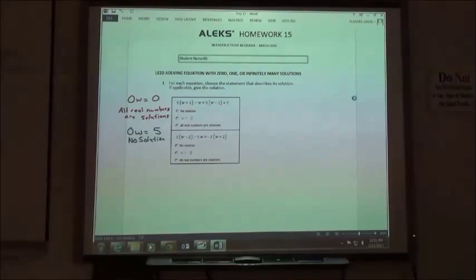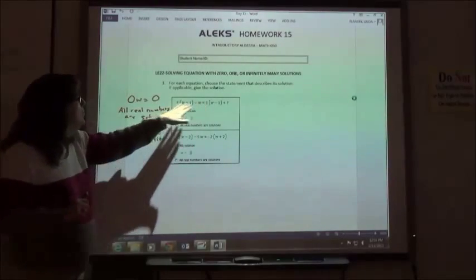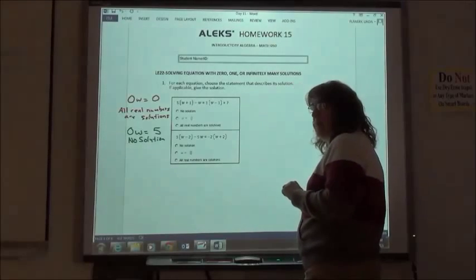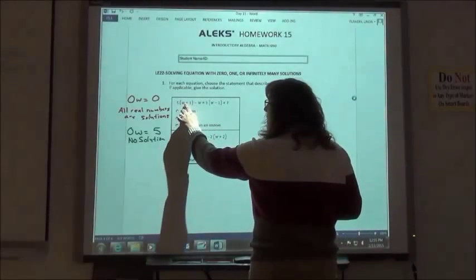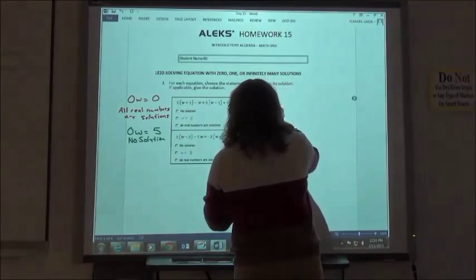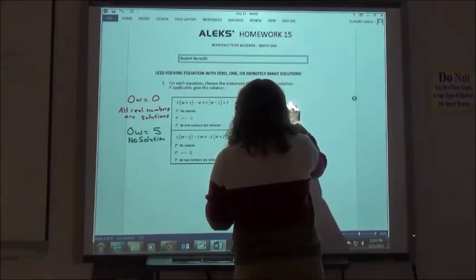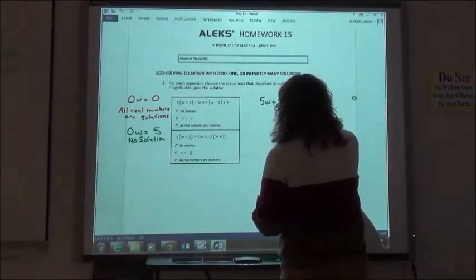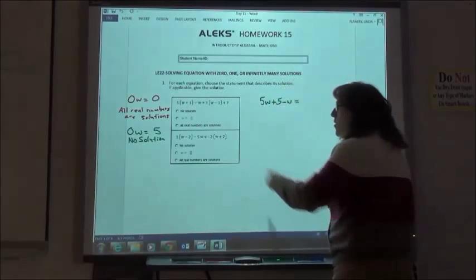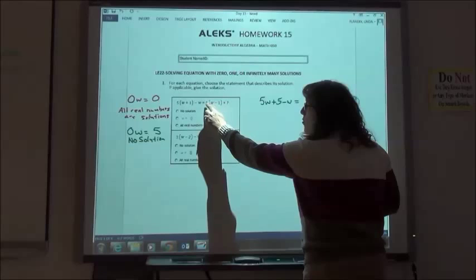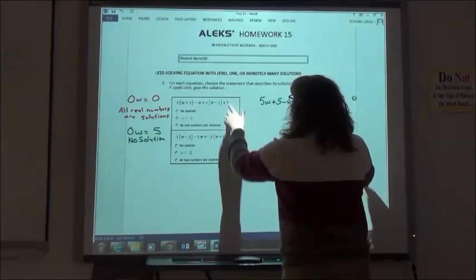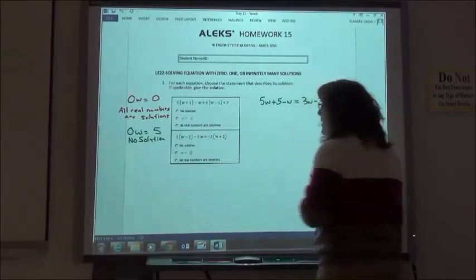We're going to solve these just like we solved the ones when we were working Monday. First thing we need to do is get rid of the parentheses. So over here on the left-hand side, 5w plus 5 minus the w behind it is going to equal 3w minus 3 when I use my distributive property, plus the 7 that's behind that.